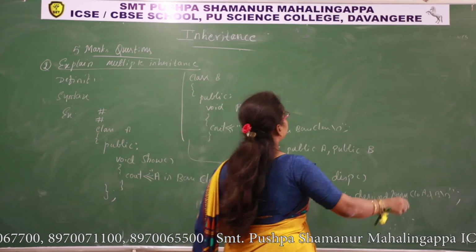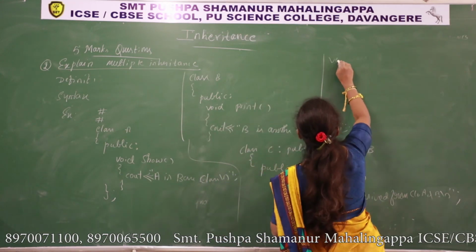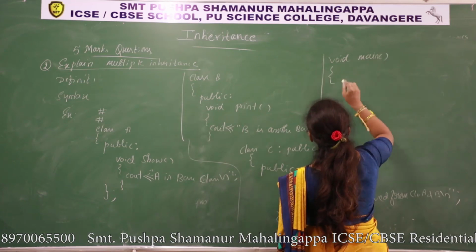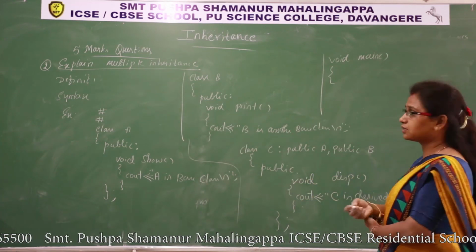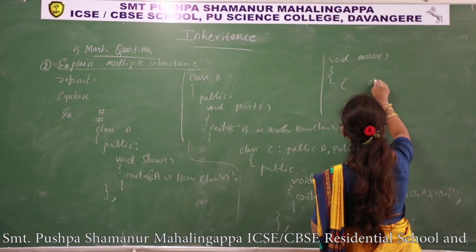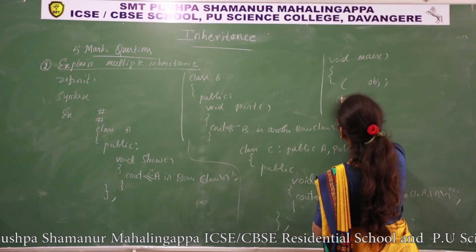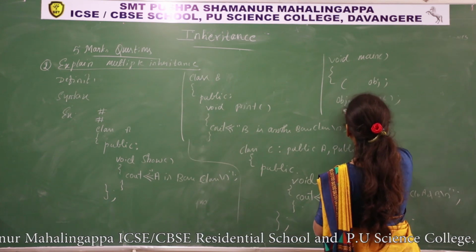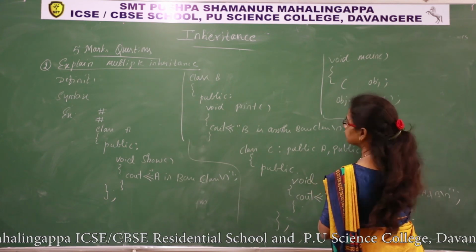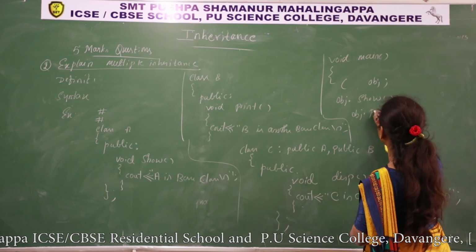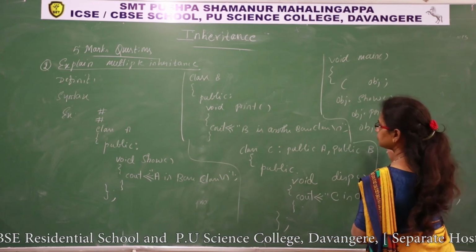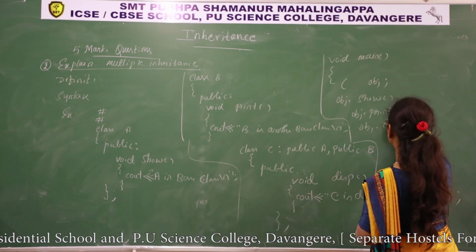Now we have to write a main function, void main. To which class should we create the object? To class C, obj. Now obj dot show, obj dot print and obj dot display.